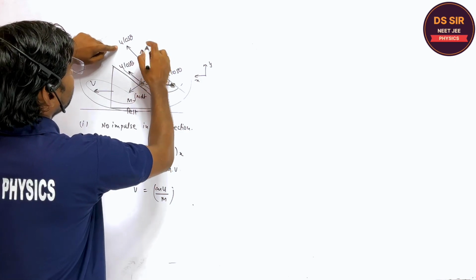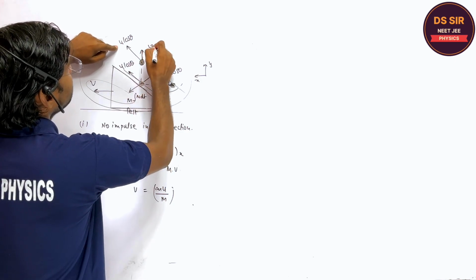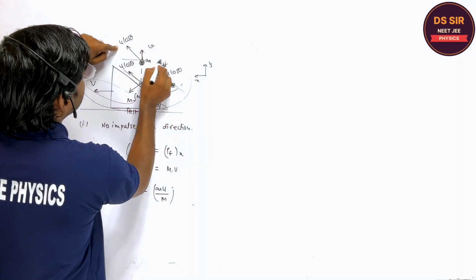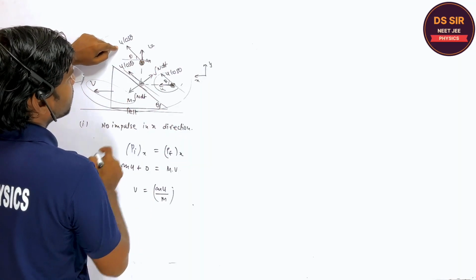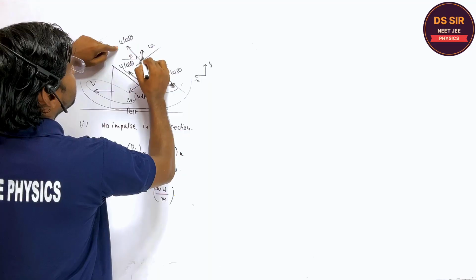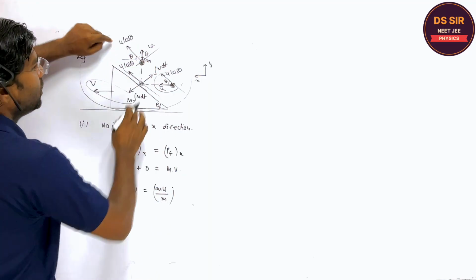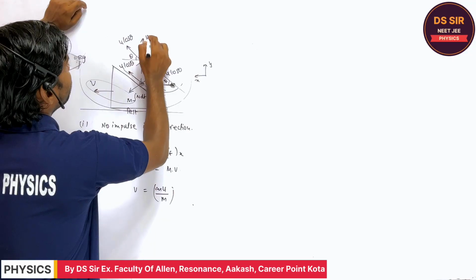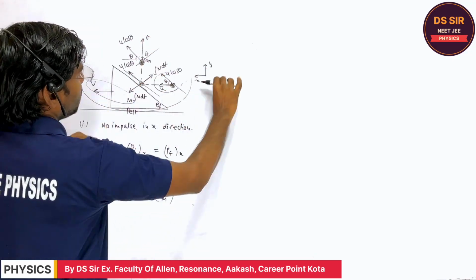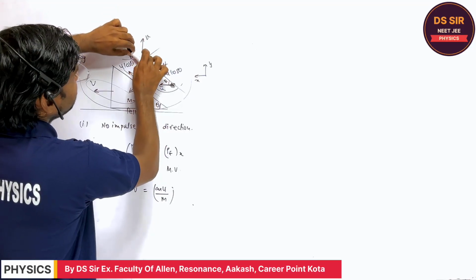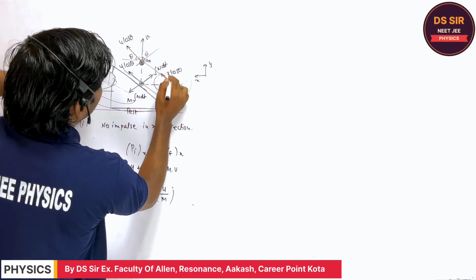Suppose this is the small v. We have to find the velocity of this ball. If this is theta, this is also theta, this is 90 minus theta and this is theta. Do you understand or not? You tell. So if I assume the velocity of the small ball in the vertical direction is v, its component remains constant.